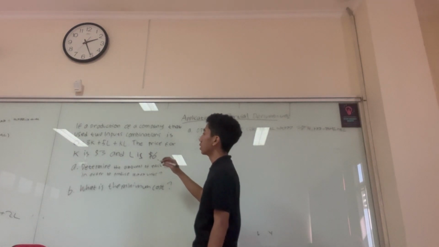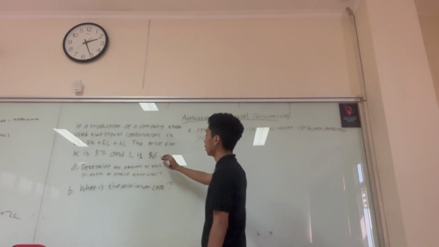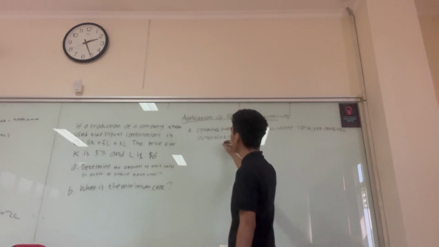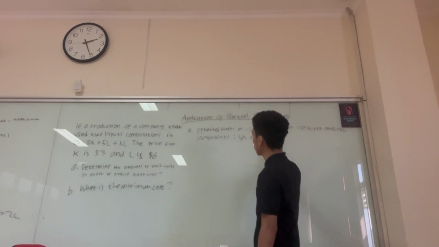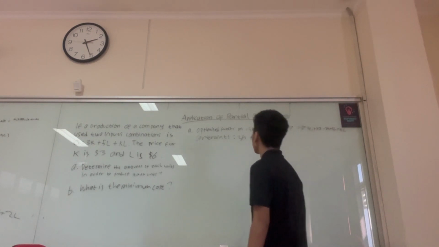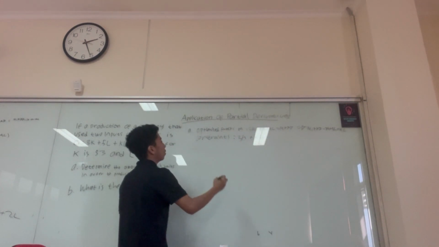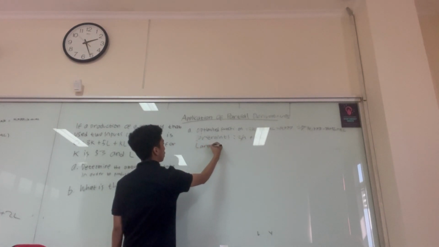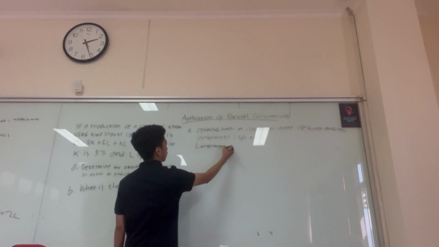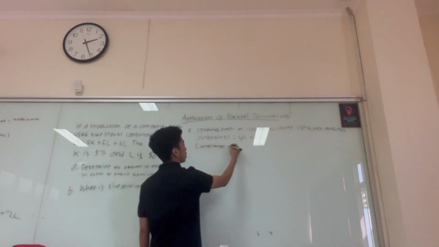So as we can see, the K is $3 and the L is $6. So the constraint will be 3K plus 6L. And now we make the Lagrange function by using two of these.